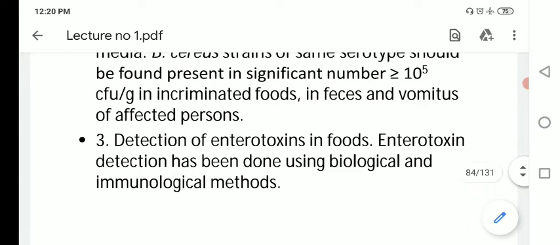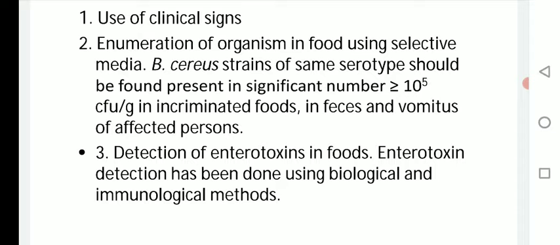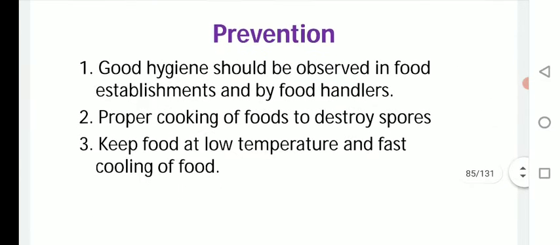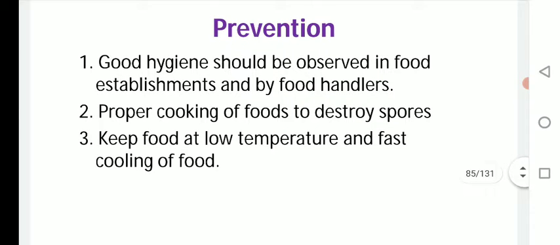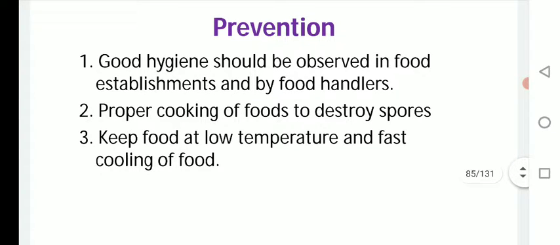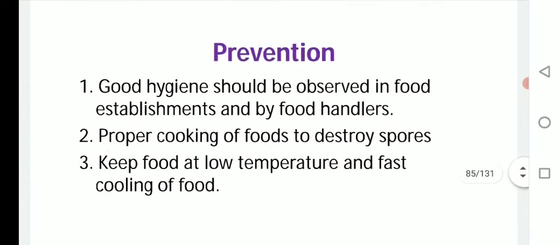Then detection of enterotoxin in foods has been done using biological as well as immunological methods. In case of prevention, good hygiene should be observed in food establishments and by food handlers, with proper cooking of foods to destroy spores, keeping food at low temperature and fast cooling of foods. So again, these are preventive measures.